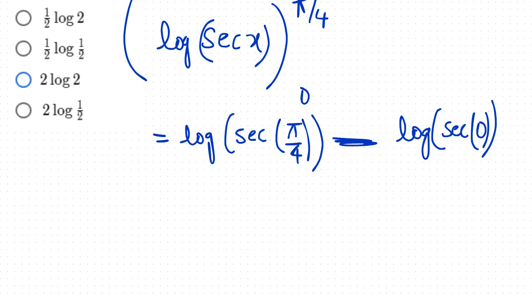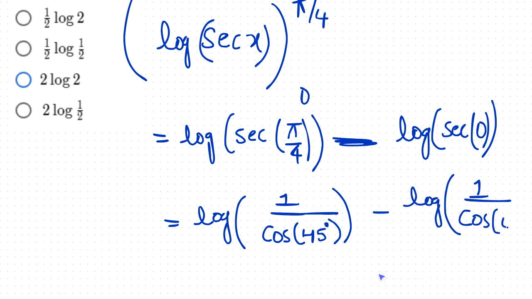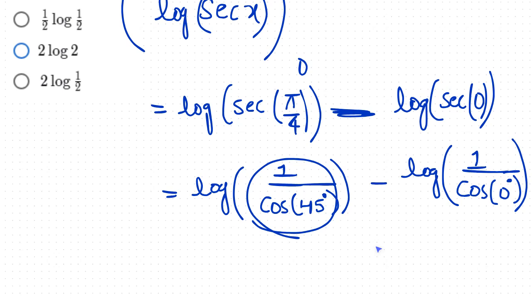So pi by 4 means 45 degrees. So log of sec of pi by 4, that is 1 upon cos 45 degrees, minus log of 1 upon cos of 0 degrees. So 1 upon cos 45 degrees means how much?